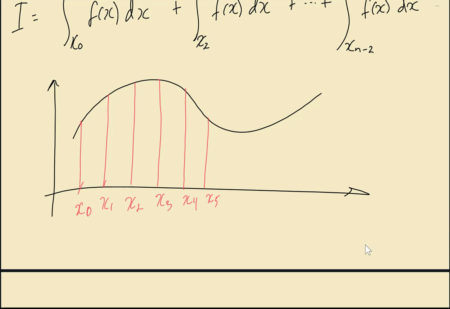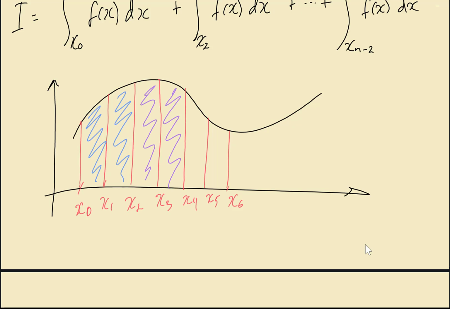In this case, how many segments? 6 segments: 1, 2, 3, 4, 5, 6. And every 2 would be covered by one application of the 1/3 rule.